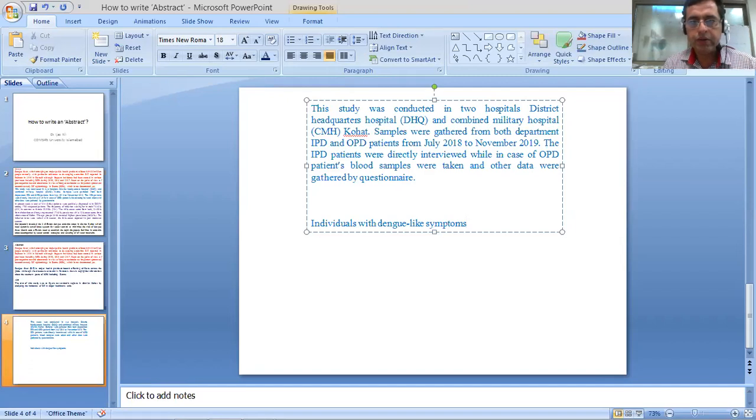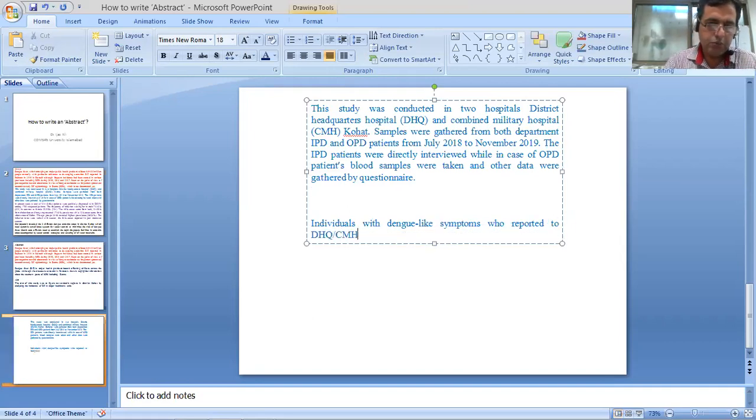So I would write individuals with dengue-like symptoms who reported to these hospital healthcare settings where we conducted this study. These are the settings of the study: district headquarter hospital, or you can say CMH, for instance, combined military hospitals.